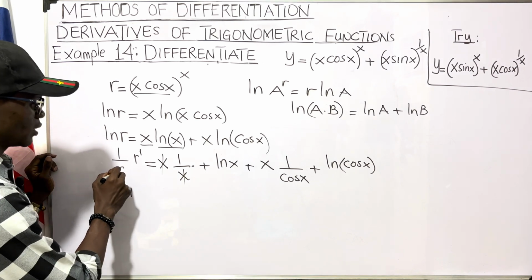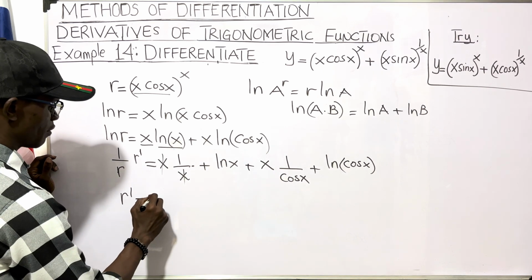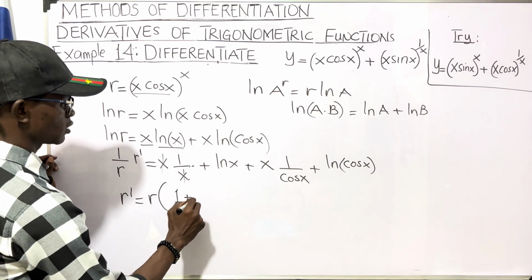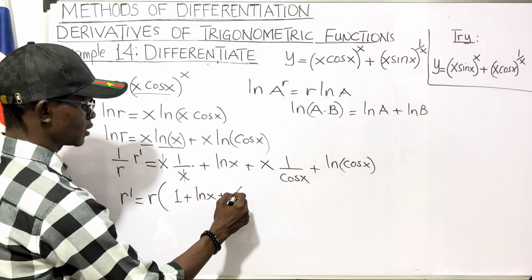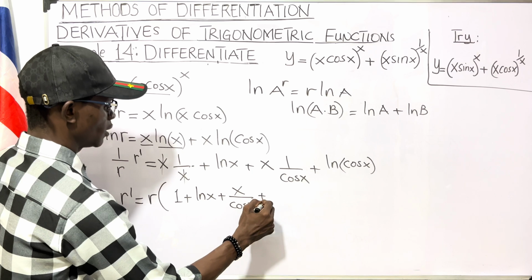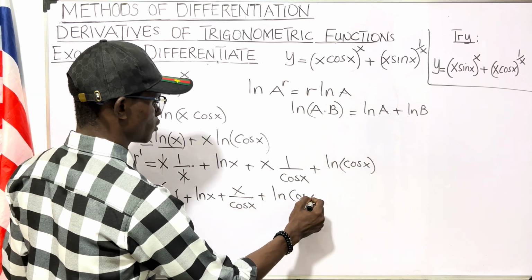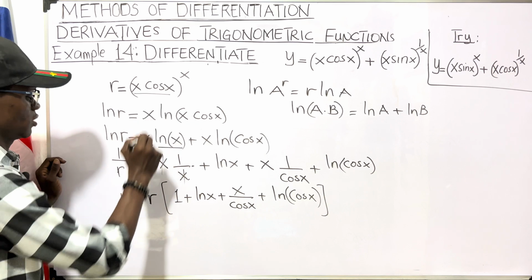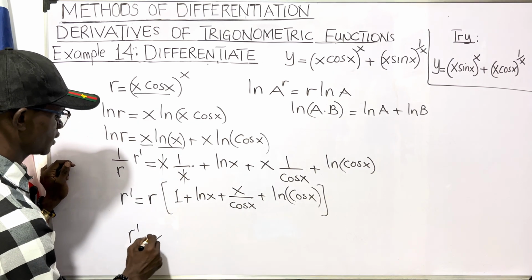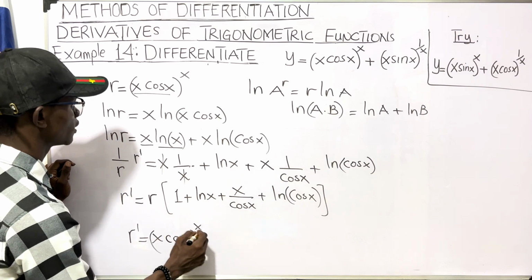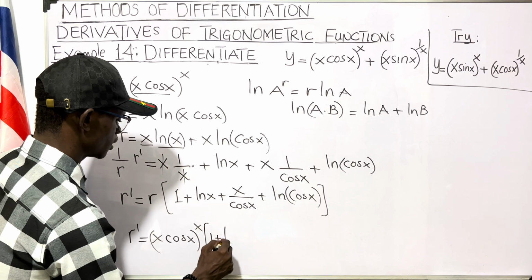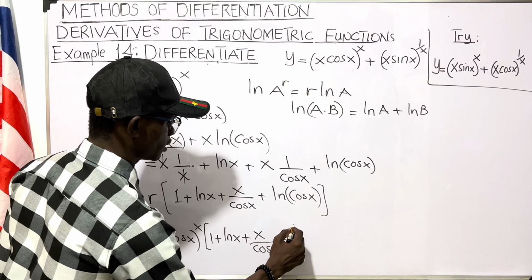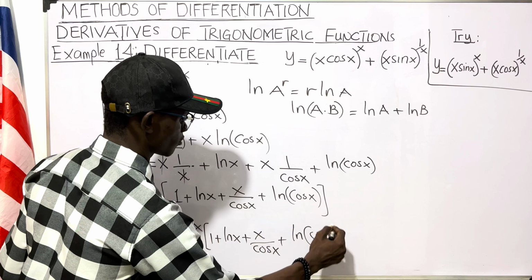So r prime, remember r is going to be multiplied by this expression. We have r times 1 plus ln of x plus x over cos x plus the ln of cos x. Now r is this expression, so we bring in the value of r, which is x cos x raised to the power x, times 1 plus the ln of x plus x over cos x plus ln of cos x.